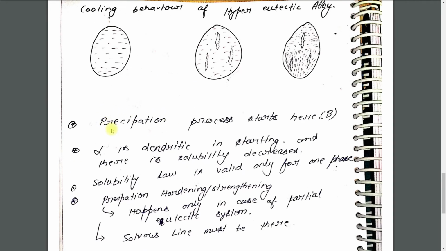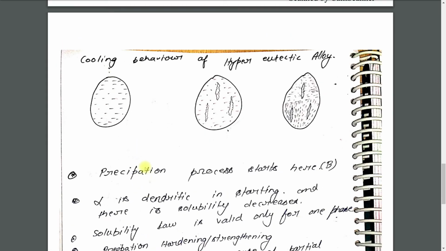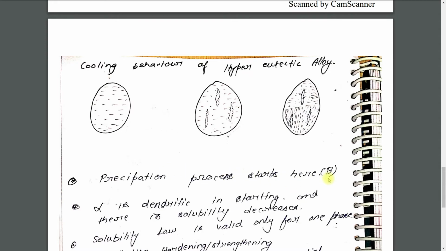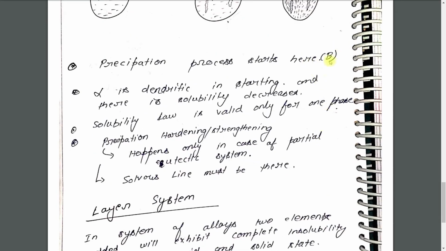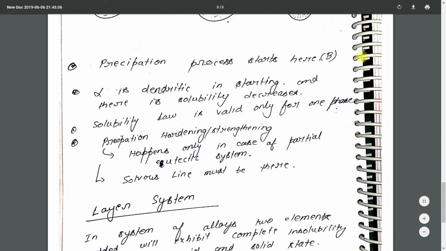Okay, here when the temperature gradually goes down, the precipitation process starts here. Okay, in the case of alpha, there is precipitation formation of beta, in the case of only hypoeutectic.